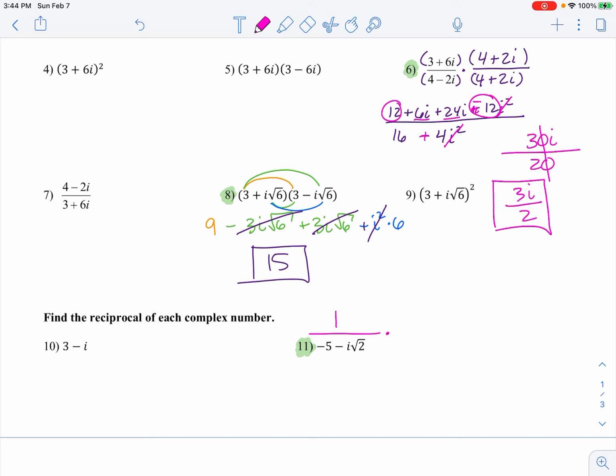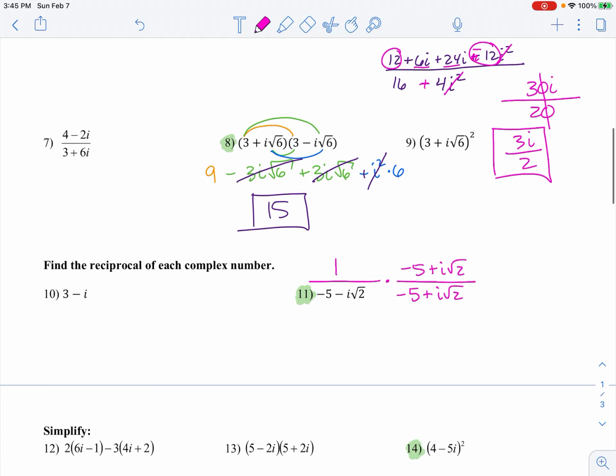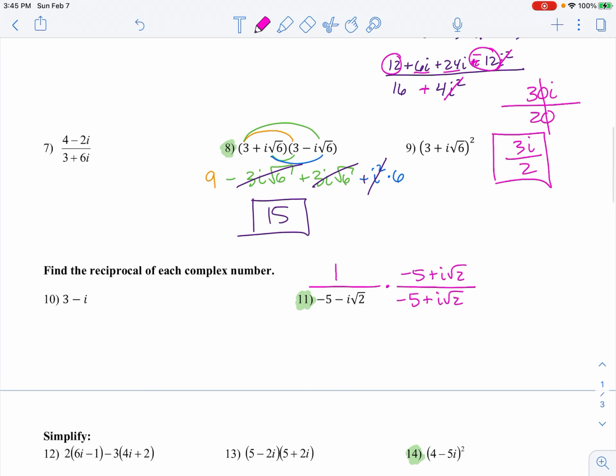So I'm going to multiply the top and the bottom by the conjugate of the bottom. That's going to be -5 plus i root 2. And we know that this is going to get rid of not only the i's, but also the radicals, because this is exactly what we did for radicals. I'm happy that there's a 1 up on the top, because I can just multiply out up on top.